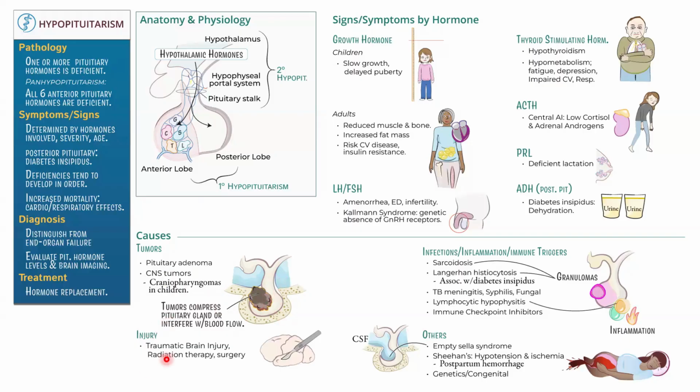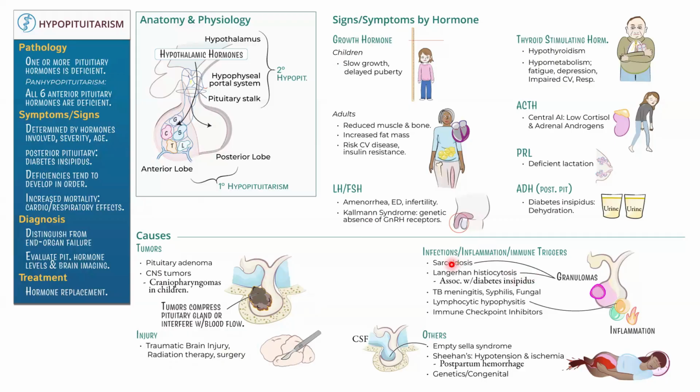The other one is injury, such as traumatic brain injury, maybe due to a road traffic accident. People who undergo radiotherapy, maybe due to cancers, can easily injure the pituitary gland, and surgery can also injure the pituitary gland.